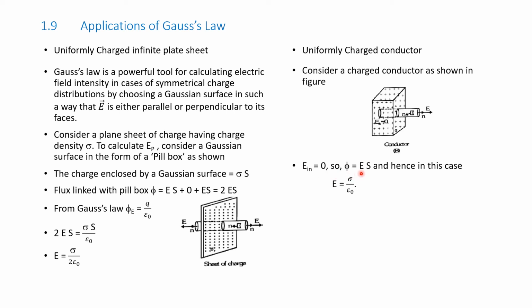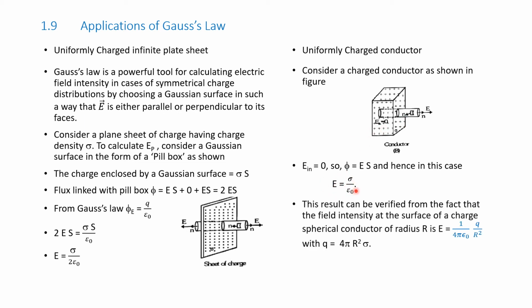So phi is equal to ES, and hence in this case E is equal to sigma by epsilon naught. Here only one side contributes, it is sigma by epsilon naught, and on the other side E inside is 0 and only E out is there. So E out is equal to sigma by epsilon naught.